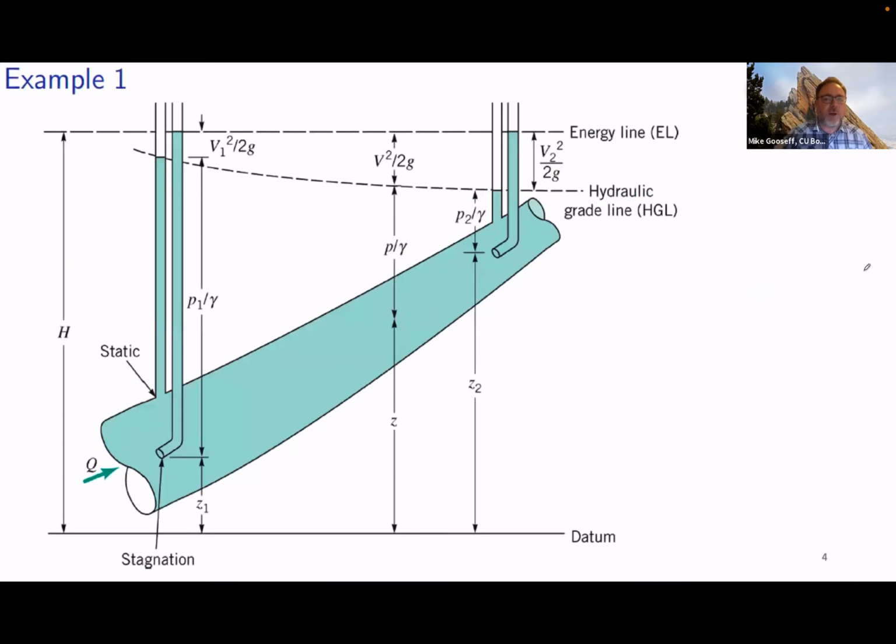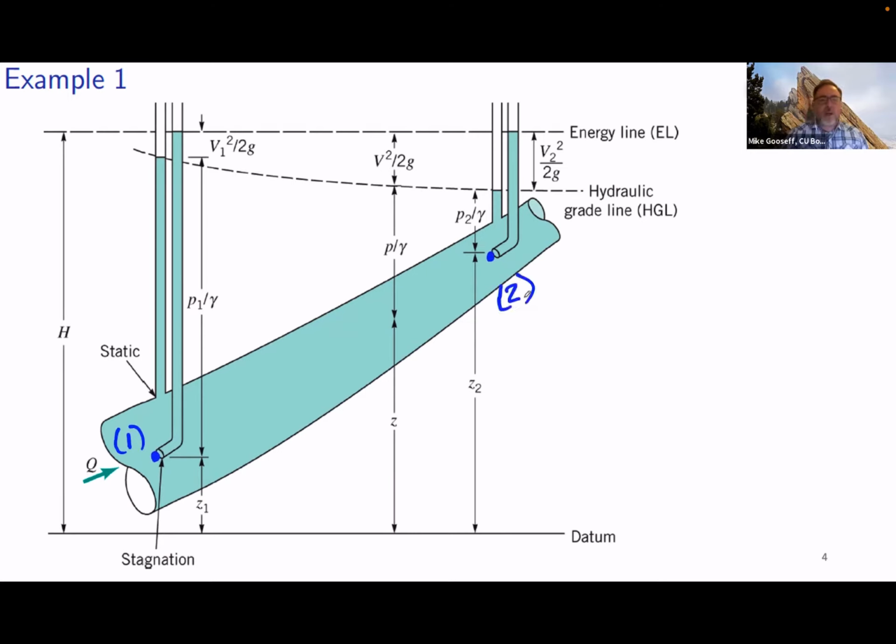So the first one looked like this, and there are a couple of things going on here, and I just wanted to more carefully write them out. So here's point number one, right? Somewhere back here is point one, and over here more or less is point number two.